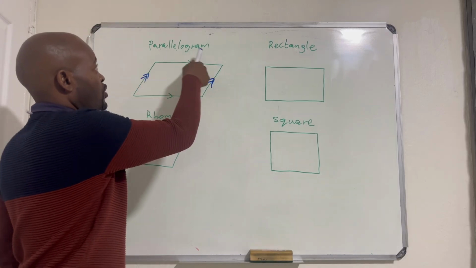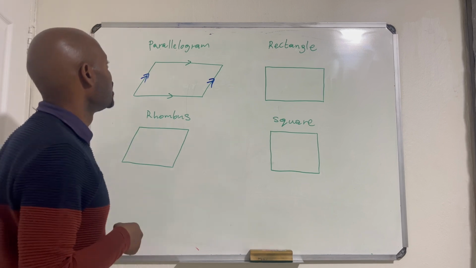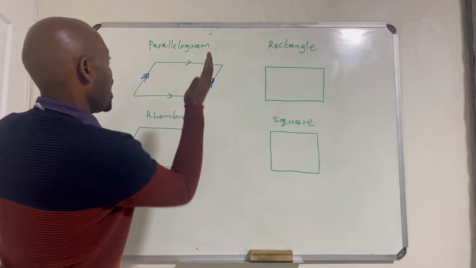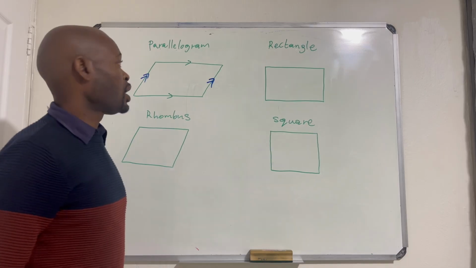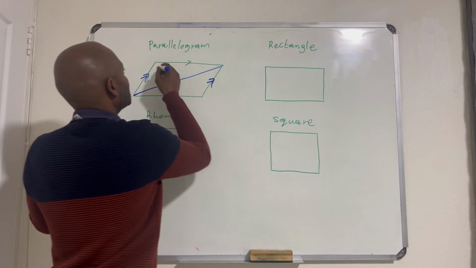A parallelogram is a quadrilateral, which is a four-sided figure, with opposite sides which are parallel, and opposite sides are also equal. Diagonals bisect each other.